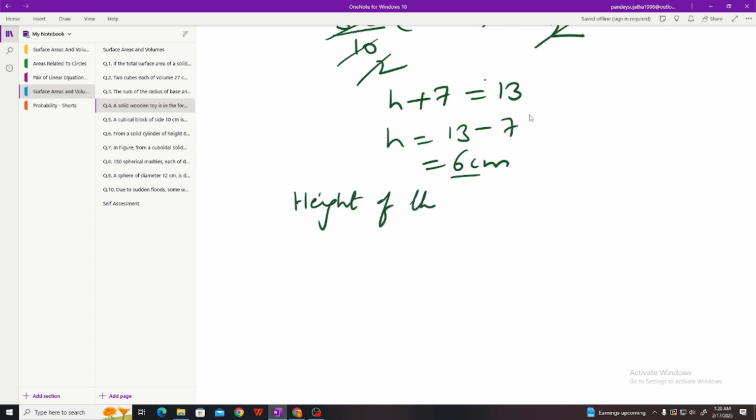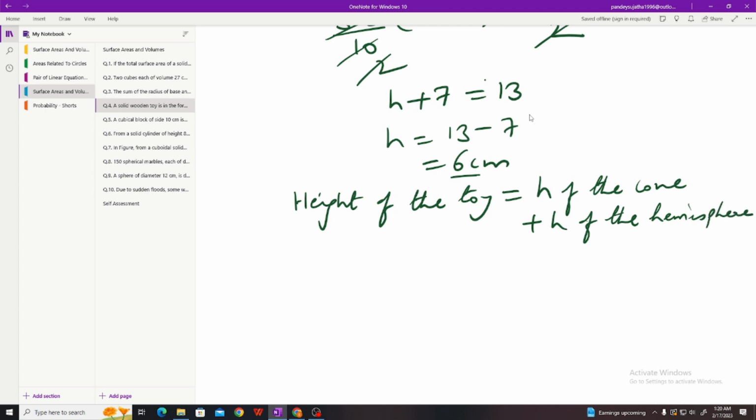Height of the toy is height of the cone plus the height of the hemisphere.